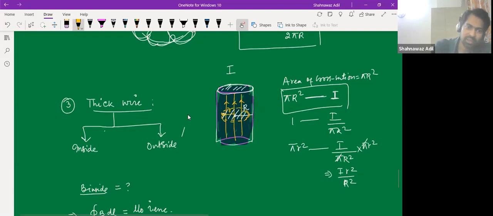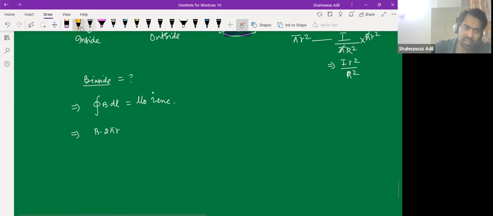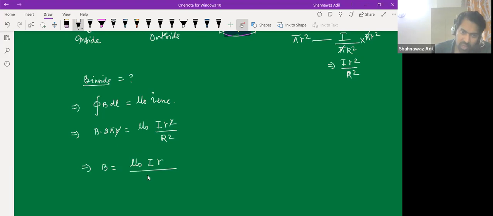And mu naught I enclosed is mu naught I r square divided by R square. So the r's cancel, and B is mu naught I r divided by 2 pi R square. So this is B inside.